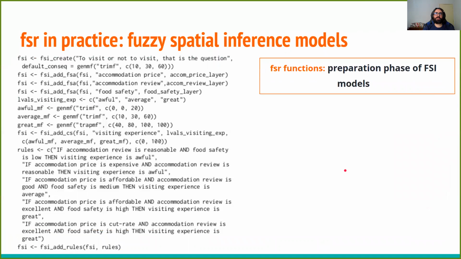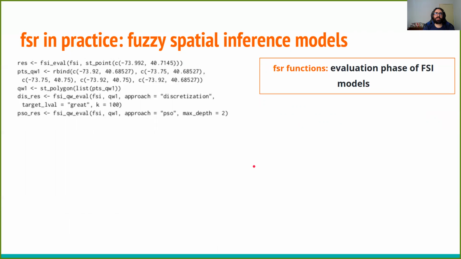FSR also provides support for fuzzy spatial inference models that are designed to discover new findings from fuzzy spatial objects. A fuzzy spatial inference model can be subdivided into a preparation phase and an evaluation phase. Here is the code for preparing the FSI, which stands for the fuzzy spatial inference model for our running example.